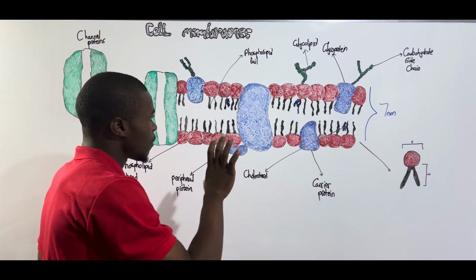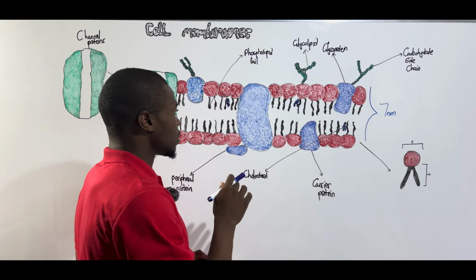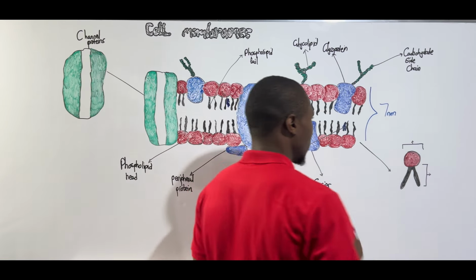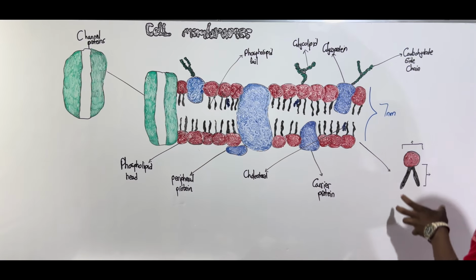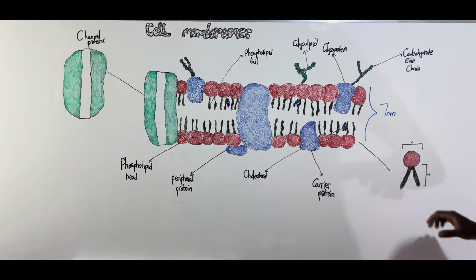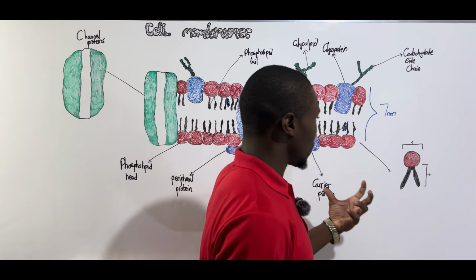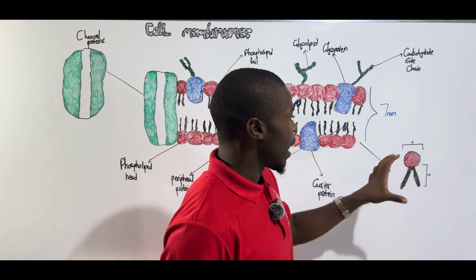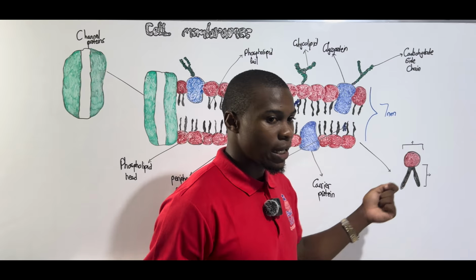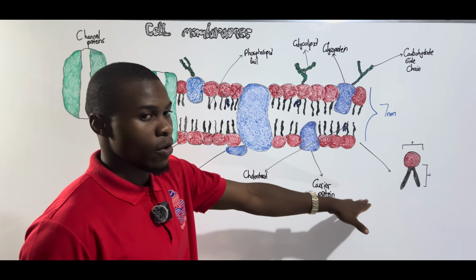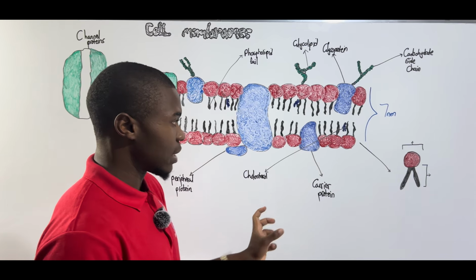The first force can be understood if I come here and further explain the forces found at the head and the tail. The phospholipid is divided into two: the hydrophilic head and the hydrophobic tail. These are the main structures.